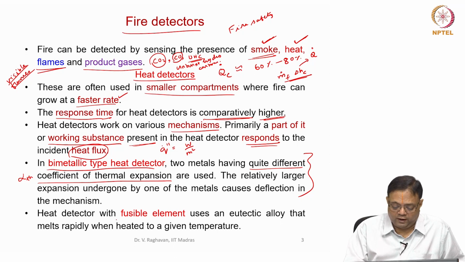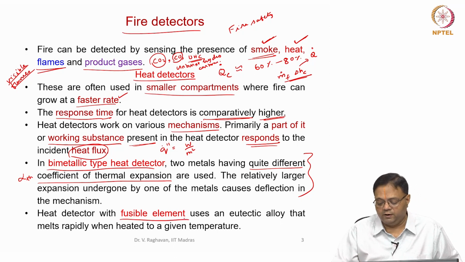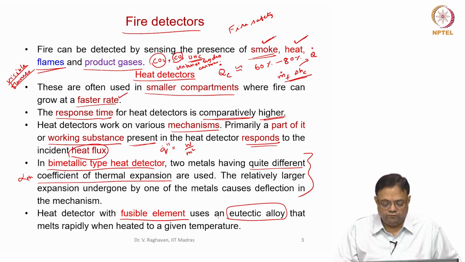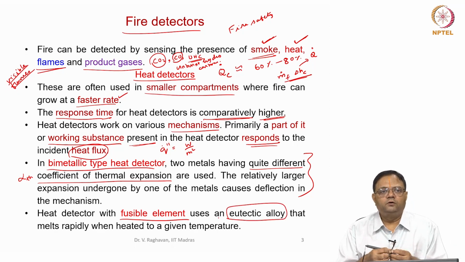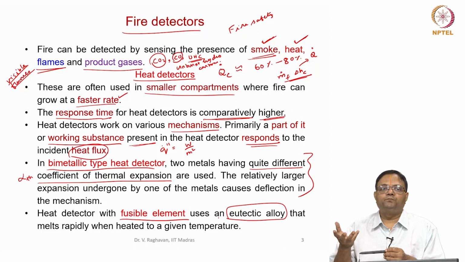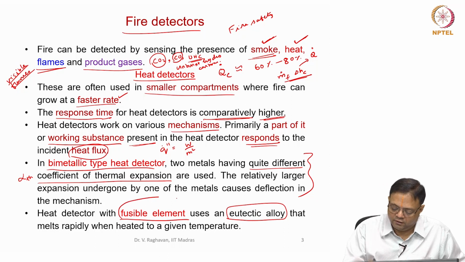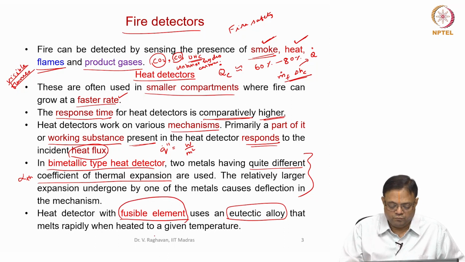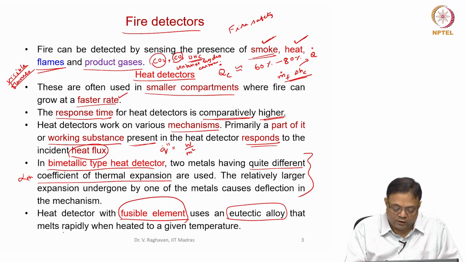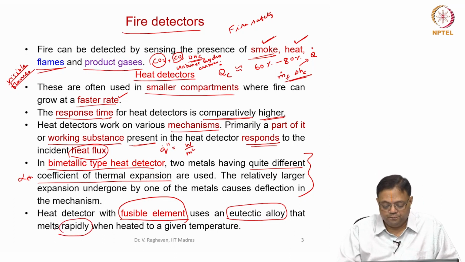Then we can also have a heat detector with a fusible element like a eutectic alloy, which can just melt. For example, a wax-like material will melt on this. Then when it melts, basically it can trigger an alarm. So the fusible element like a eutectic alloy, which upon receiving the heat flux melts rapidly when it is heated to a particular temperature.